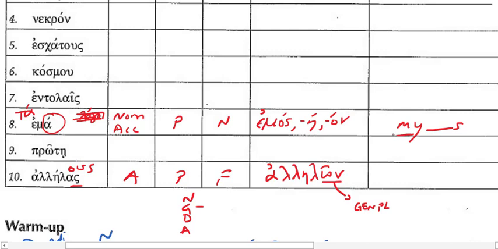Let's say Jesus said something like ginosko, I know, ta ema. What's ginosko mean? I know, and ta ema would be the accusative plural neuter, right? So I know the my ones. How would you translate that?